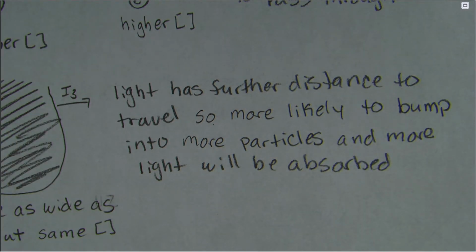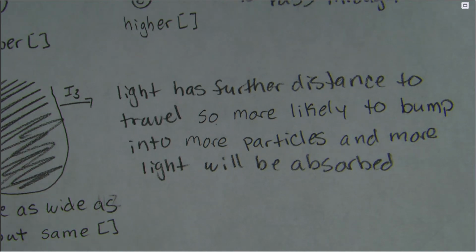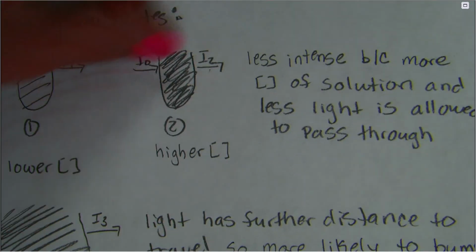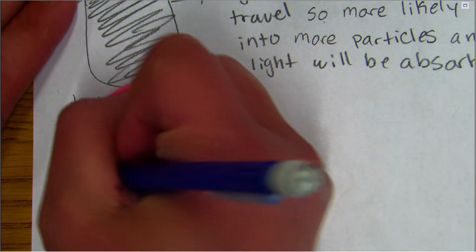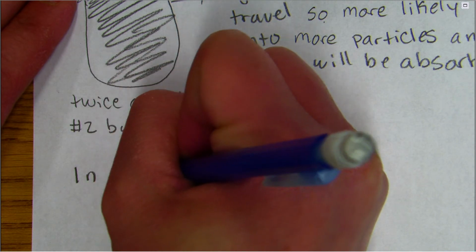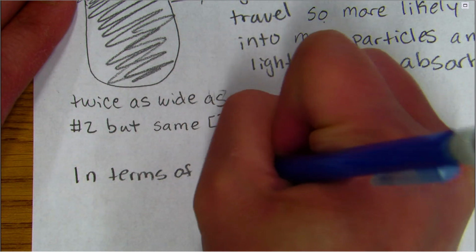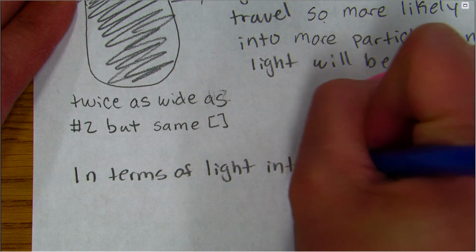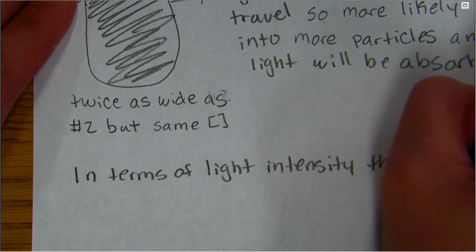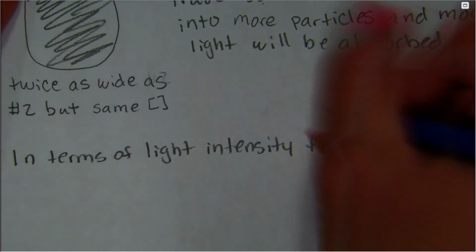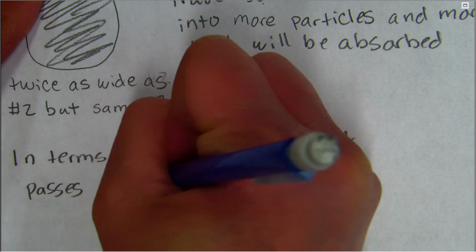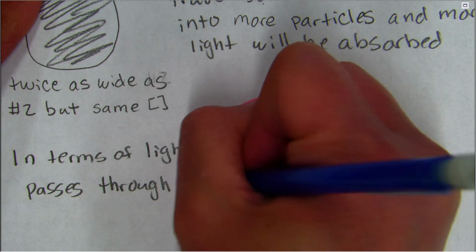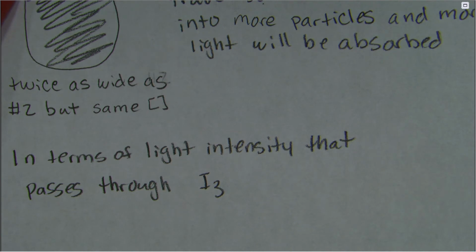So in terms of light intensity that passes through, let's look at 1, 2, and 3. Number 3 is going to have the least amount of light pass through because it has the longest distance to travel and the highest concentration.